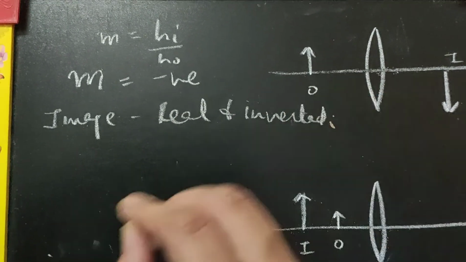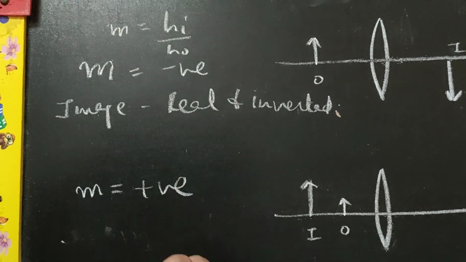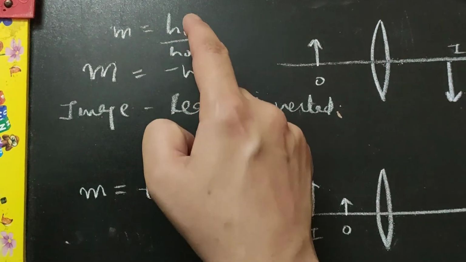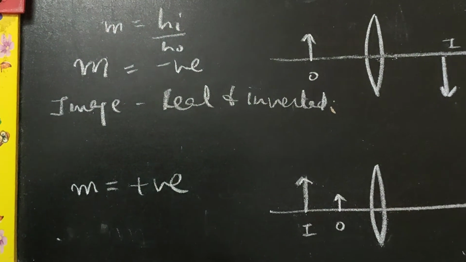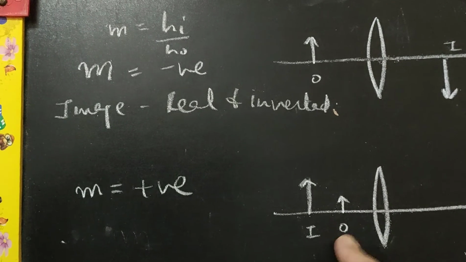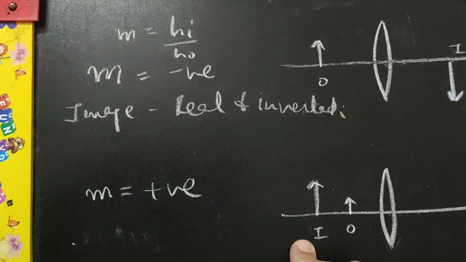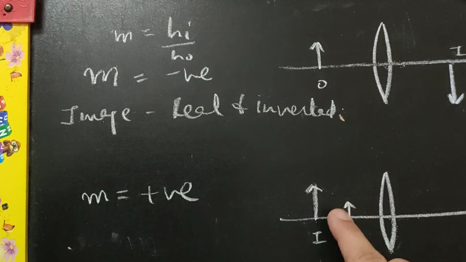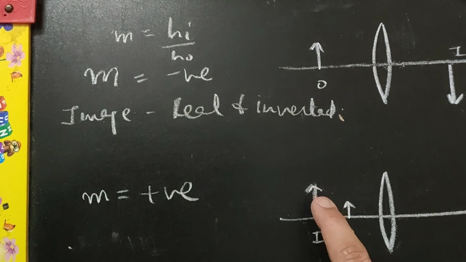Whereas if magnification is positive, this would mean that this ratio has both the quantities in the same sign. So suppose this is the situation, the object is placed here in front of the convex lens and the image is being formed here. So in this case you can see the object and the image heights both are above the principal axis and hence positive.